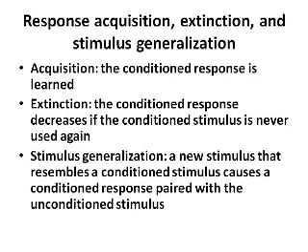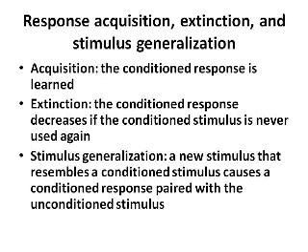So that's what extinction is: when the conditioned response decreases if the conditioned stimulus is never used again. So a behavior will become extinct if it is not continuously reinforced. So if after a while you keep giving the dog food without ringing the bell, then after some period of time, when the dog hears the bell again, the dog will not salivate because that conditioned response has not been strengthened.